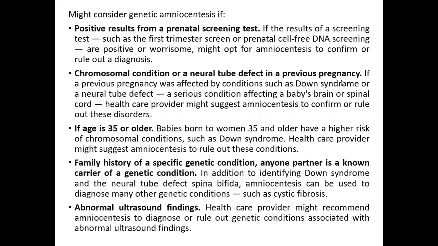In the first trimester, the first 3 months of pregnancy, some hormonal testing is done, which is called a screening test. If any abnormal conditions are diagnosed, that is a prenatal cell-free DNA screening. If any positive or worrisome result happens, it may result in genetic amniocentesis.